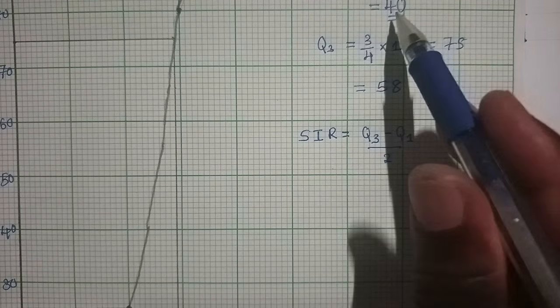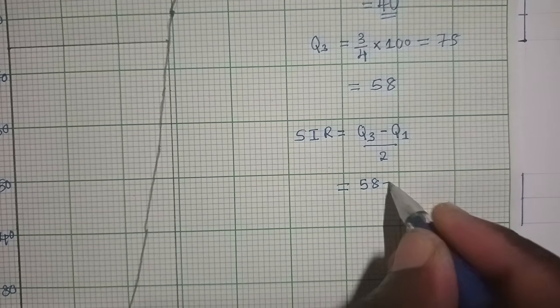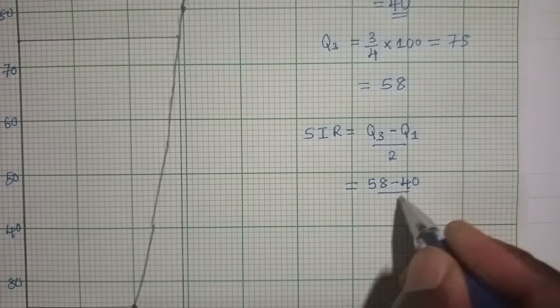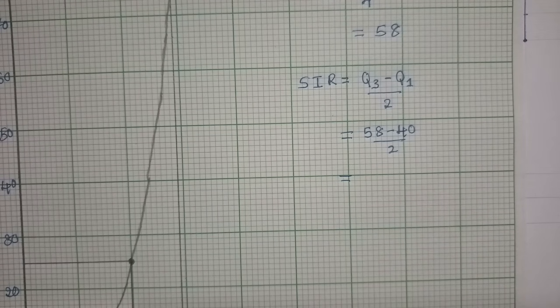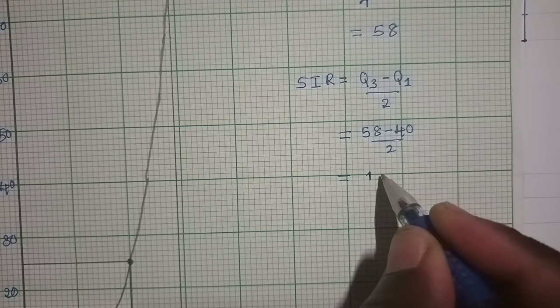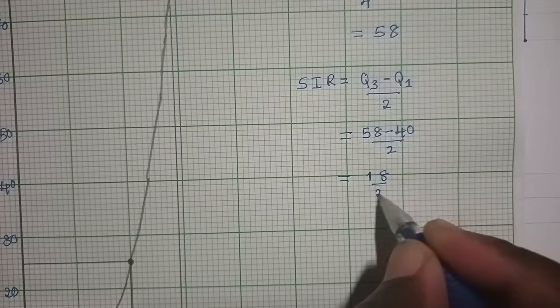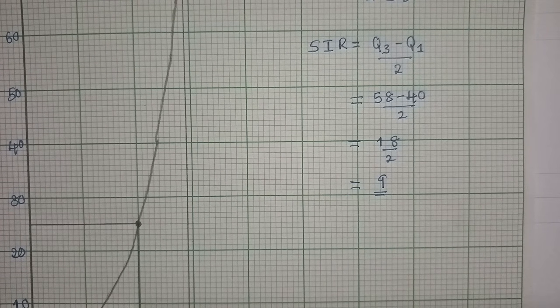So you subtract this minus this over 2. And that will be 58 minus 40 over 2. So 58 minus 40, what are we getting? We're getting 18 here. Divide by 2. And 18 divided by 2 is giving us what? A 9. I hope somebody is able to follow here.